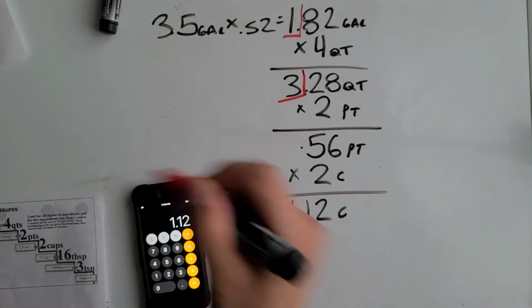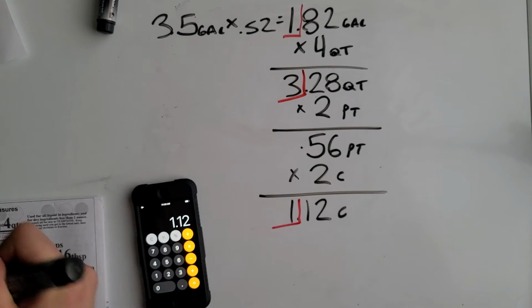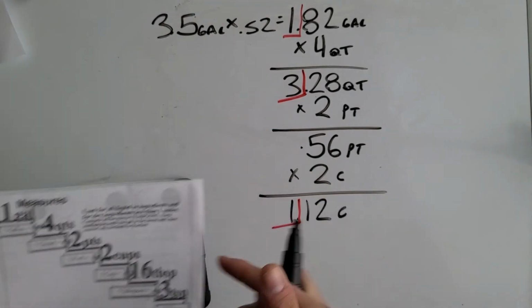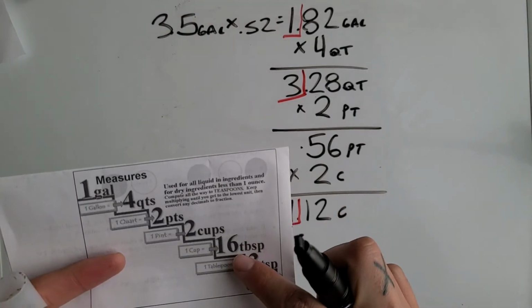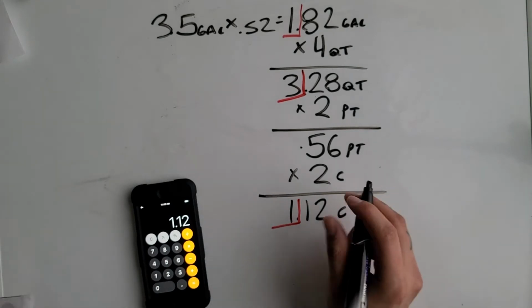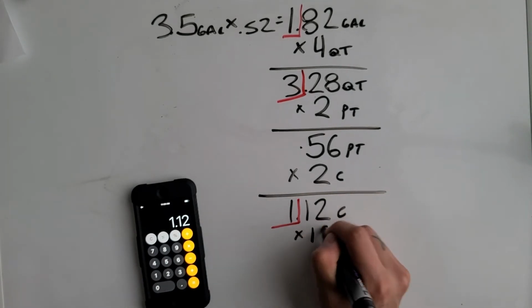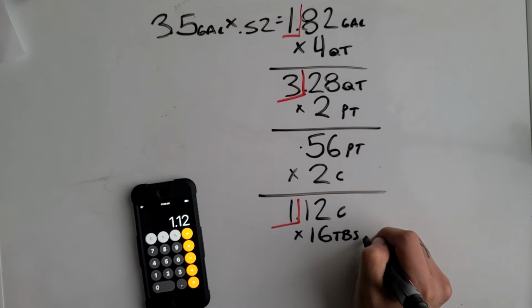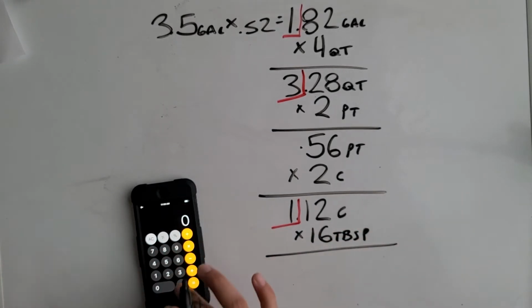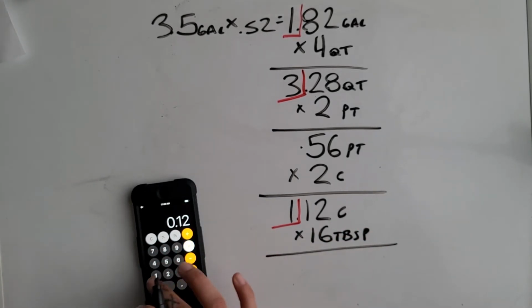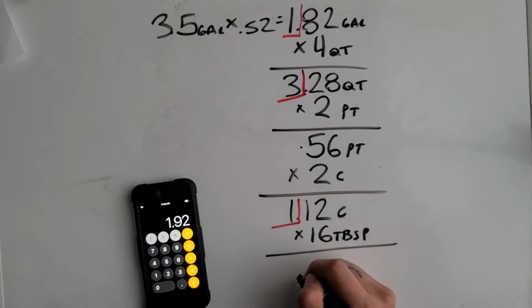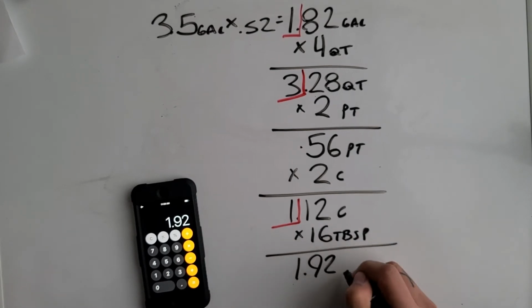Again, block off your whole number and multiply the remaining decimal by the unit under. In this case it's 16 tablespoons. So 0.12 times 16 tablespoons, you got 1.92 tablespoons.